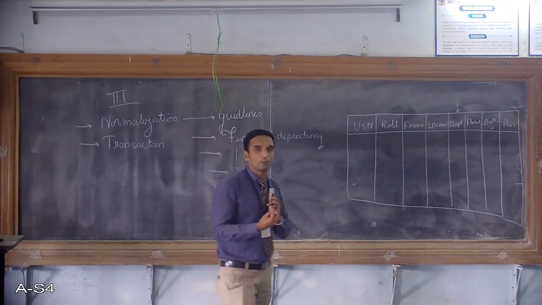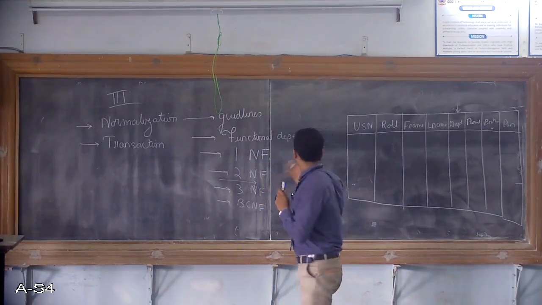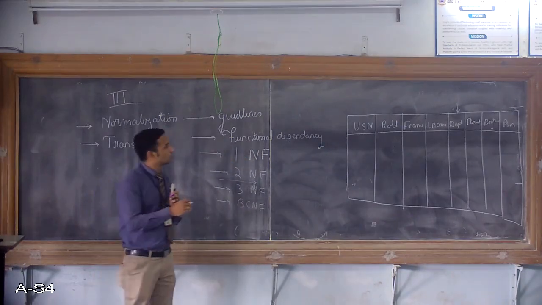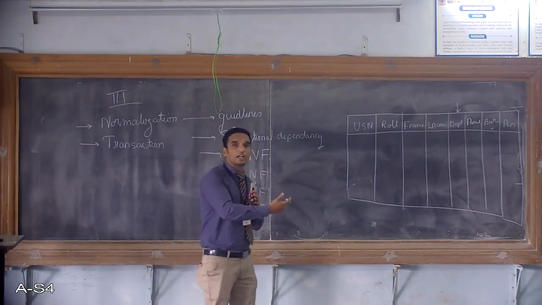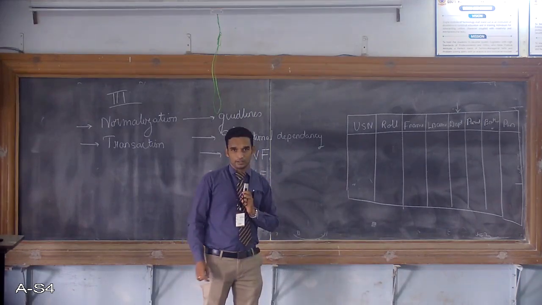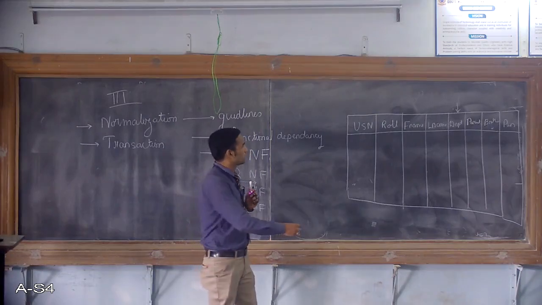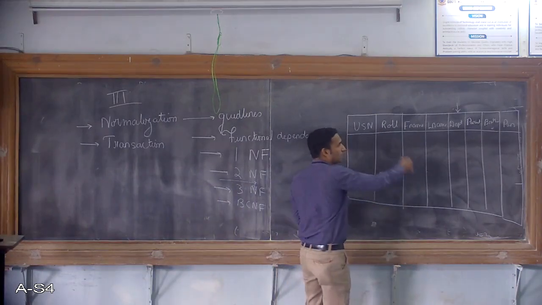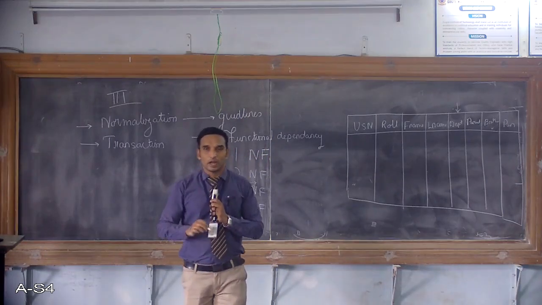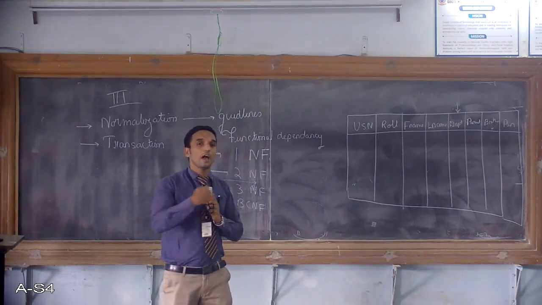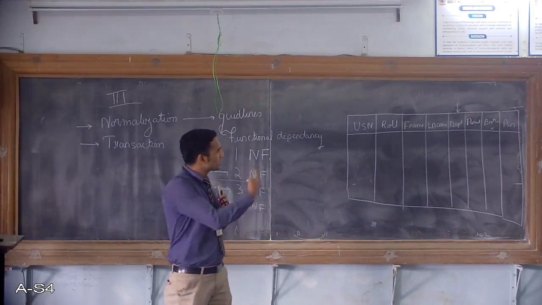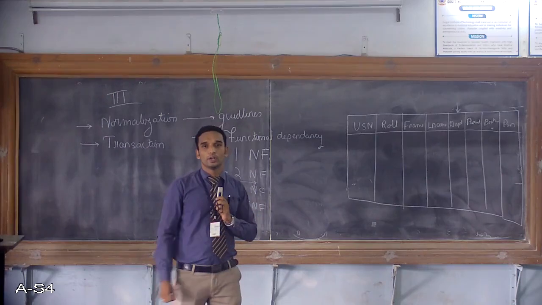A relation is said to be good if it is not dependent on any other attribute from other tables and it should have unique values in it, right? So this is the concept of what I mean by a good relation. Given a table which has a minimum number of attributes and avoids dependency, avoids redundancy, avoids null values, then such a relation is said to be a good relation.